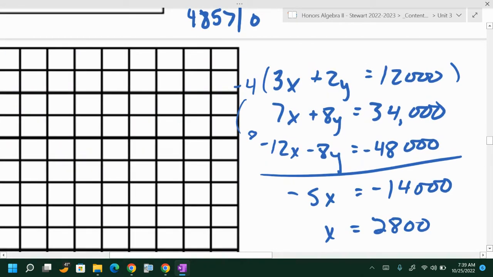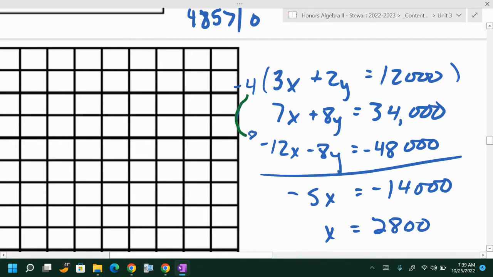So taking out the inequalities for a minute, if I want to find a point of intersection between 2 lines, I can use graphing, substitution, or the elimination method, going back to systems of equations. In this case, I used the elimination method because I thought that would be easiest. I took my one equation, 3x plus 2y equals 12,000, and multiplied it by -4.